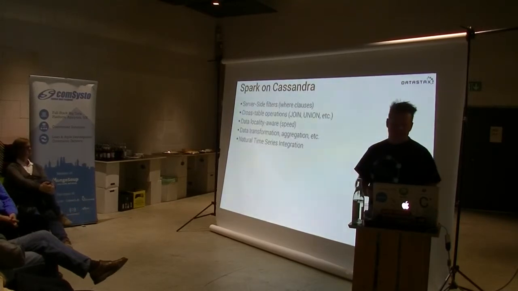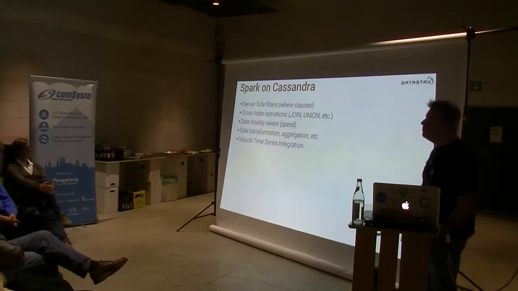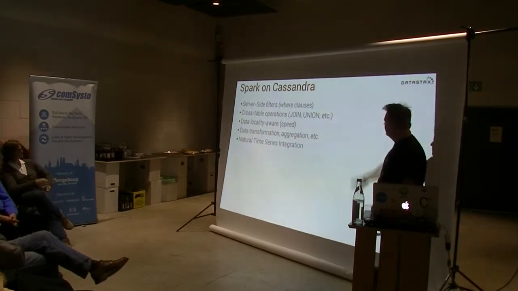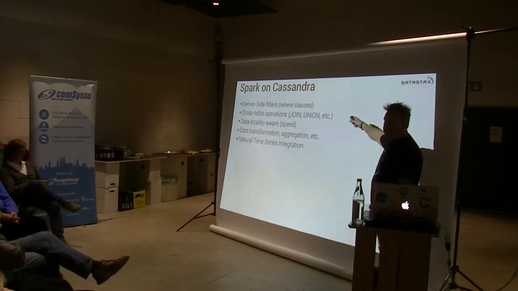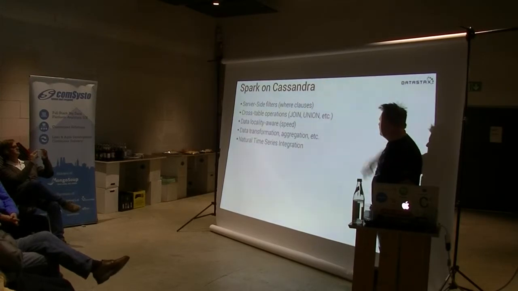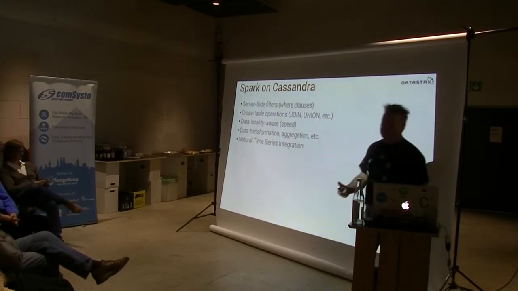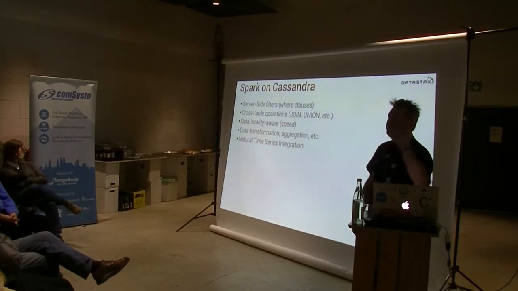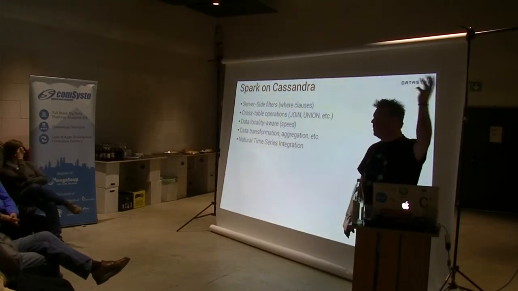Now, why is that even interesting? Well, now we get to do some fun analytics type workloads on Cassandra. So we can do server-side filtering. We can do joins now, unions. And we get that data locality awareness. Cassandra already, because you know how the partition key works, boom, we already got the locality awareness.